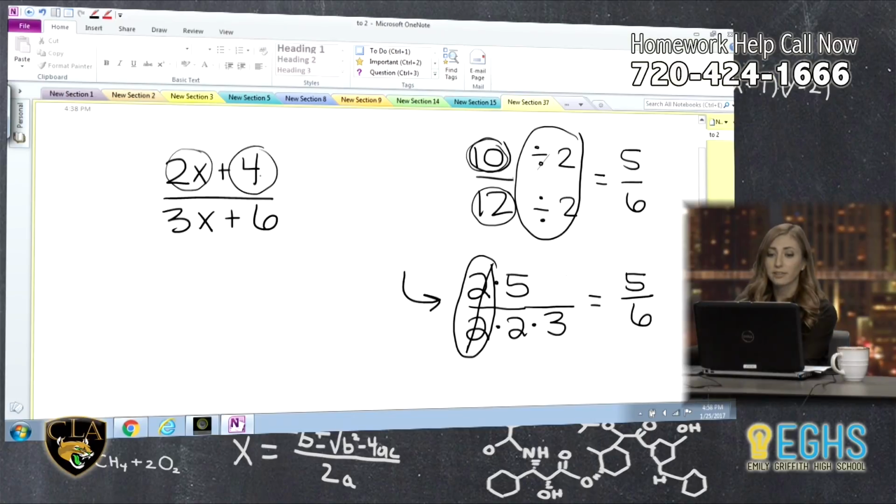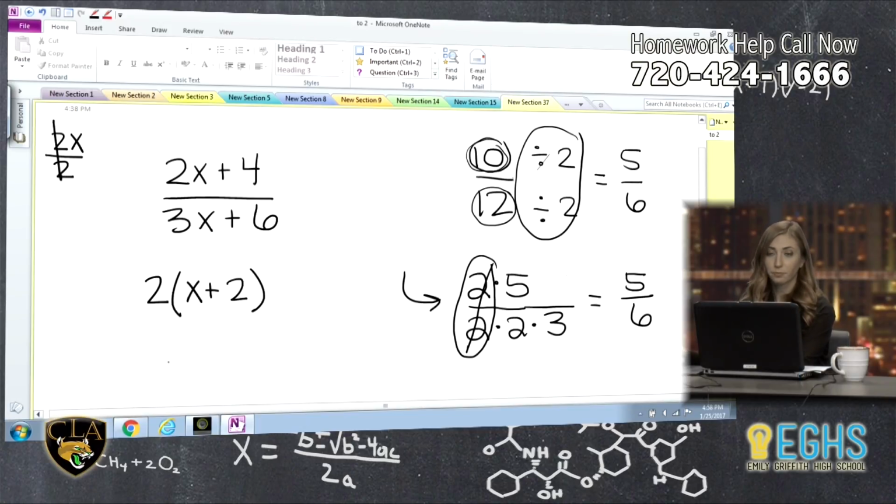When I look at 2x and 4, I know they are both divisible by 2, so I can factor a 2 out of both terms. Factoring is basically dividing: 2x divided by 2 leaves me with x, and 4 divided by 2 leaves me with 2.